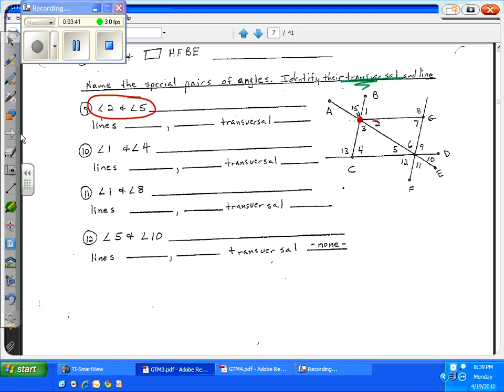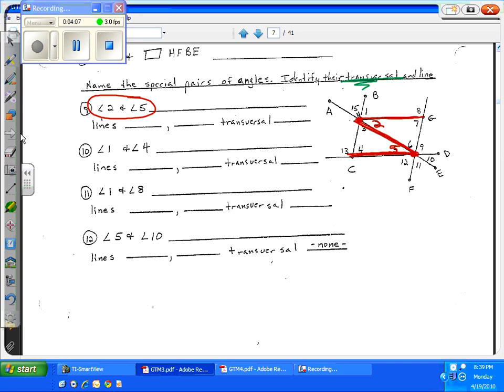So we would look at the vertex of angle 2, that common endpoint, and we would draw the two rays. And we're just going to go to where it hits another corner. We know that in reality the angle goes infinitely forever because it's formed by two rays. And then angle 5, its vertex is right here. One ray goes up here and we'll stop at the vertex of 2, and then the other ray goes here.